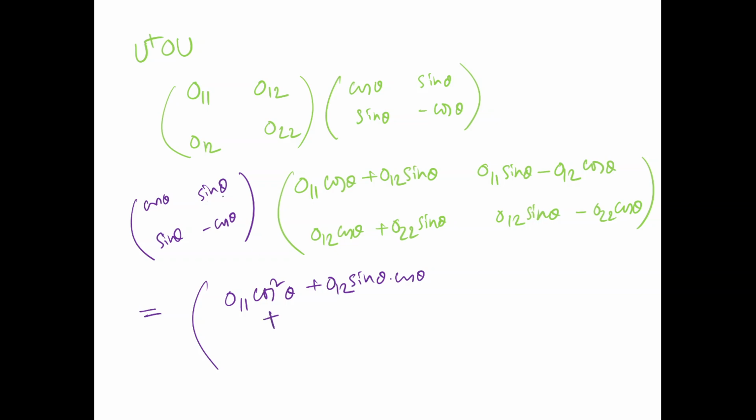Then you have to multiply this sin theta with this. So this is O12 sin theta cos theta. I just got lost. So this is O22 sin square theta.